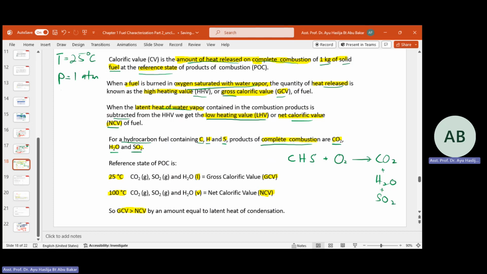If no S, then SO2 won't be produced. So the gas depends on the fuel that you have.